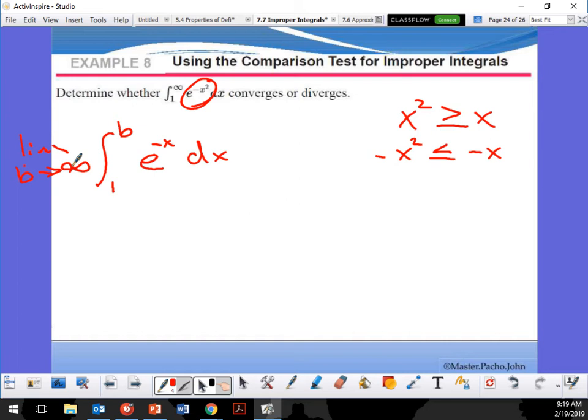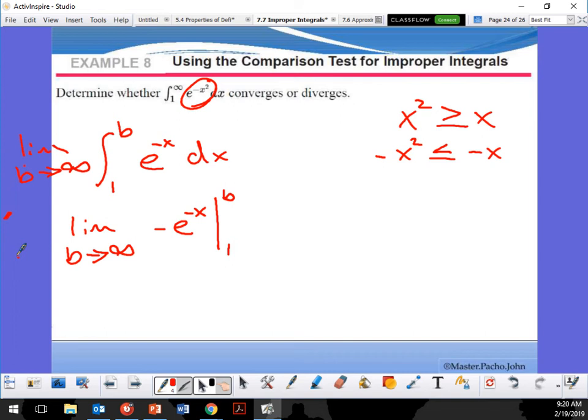So it's going to end up becoming the limit as b goes to infinity of my function, which would be negative e to the negative x from 1 to b, right? Are we okay? Good.